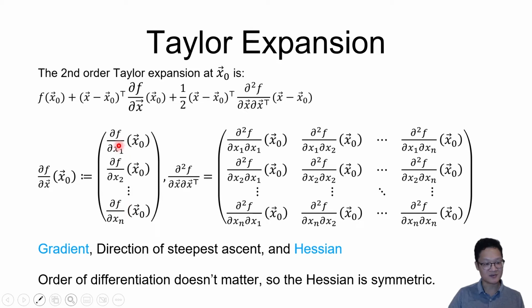And what you do is you expand each of the elements of the gradient, and you take the partial derivative of each of the partial derivatives with respect to all the components of x. So for example, for the first component, partial f partial x1, this in general is going to be a function of all the components of x.